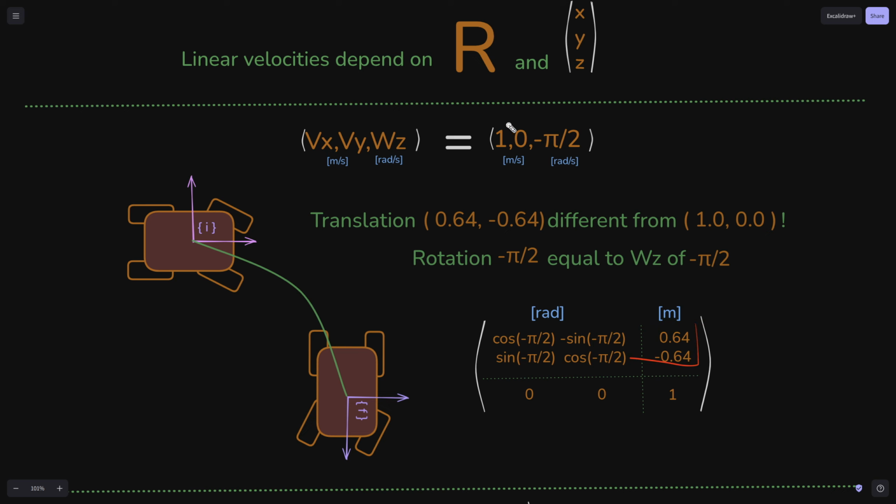You can observe that it's different from 1, 0. This is important because if you have a transformation and you apply the logarithm, and then you analyze the linear velocities, and the linear velocities are different from your translation, this shouldn't shock you. This is normal.